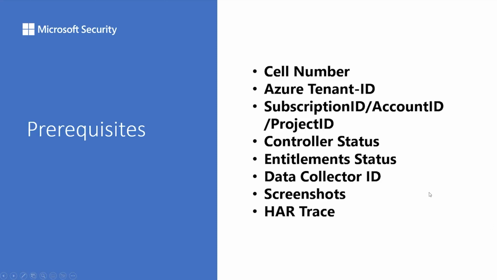The controller status, the entitlement status, which is usually a timestamp showing when entitlement last ran successfully. The data collector ID, screenshots of the error, and a trace. And we'll go over what all that is. So let's get to it.